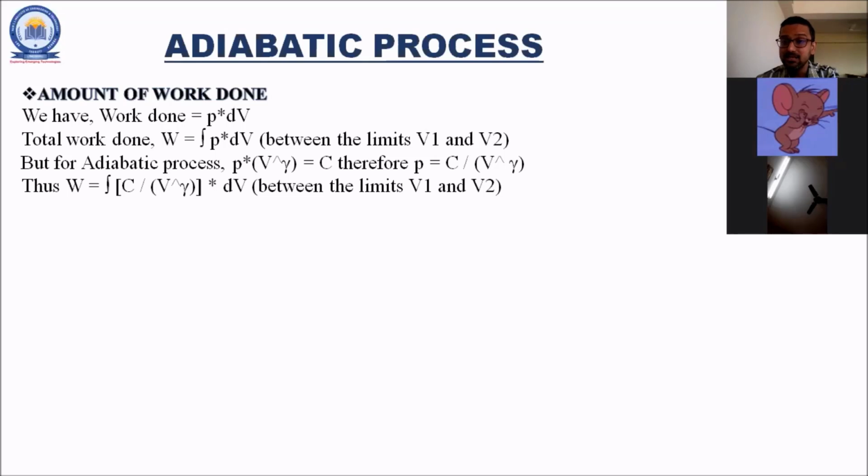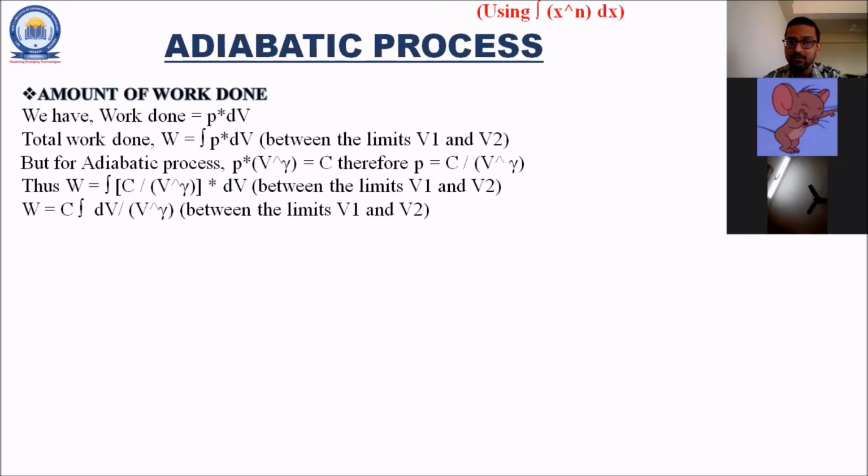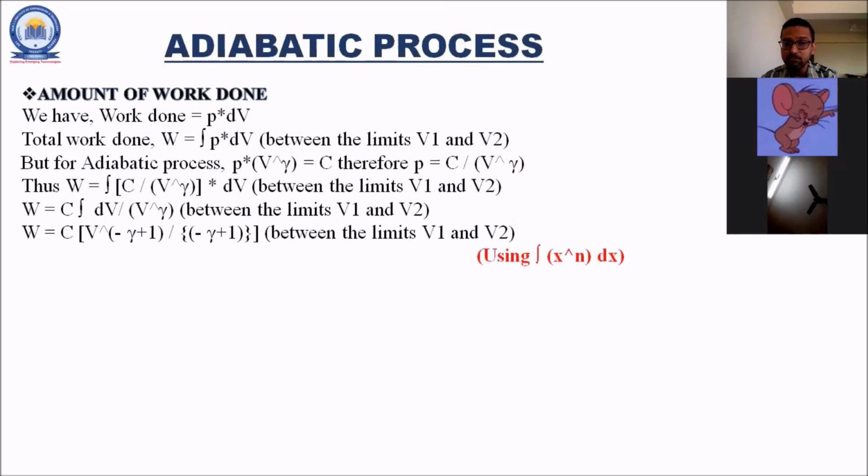For doing this integration, I will be taking the logic, that is integration of x raised to n dx is equal to x raised to n plus 1 divided by n plus 1. But in this case, my x is equal to capital V and n is equal to minus gamma. So on integrating this equation between the limits V1 and V2, I will be getting the answer in this particular format, that is W is equal to C times V raised to minus gamma plus 1 upon minus gamma plus 1 between the limits V1 and V2.